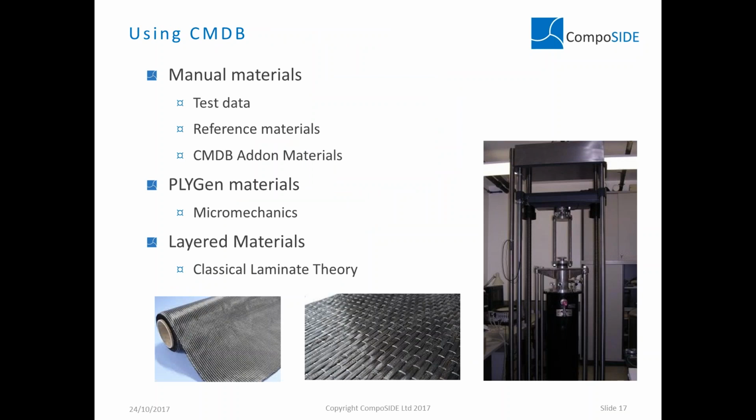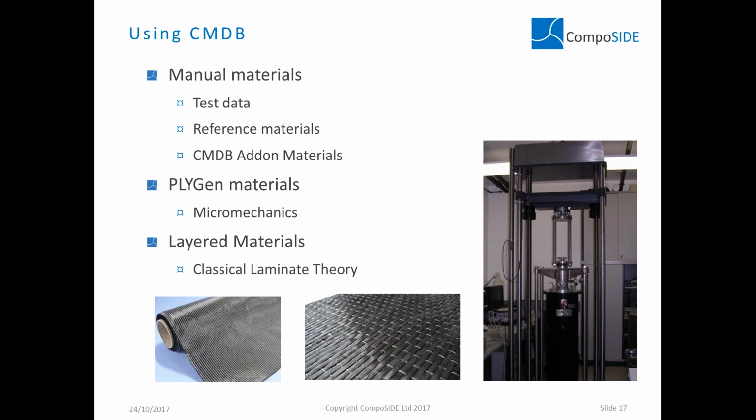So with the database itself and CompoSIDE, there are different ways we can work with it. We can input our test data ourselves, so if we already have some data, we can put this into the database. We can use reference materials to create new sets of data, or we can use the data that's already in the library. We can also then create combinations using the PlyGen tool, which we'll quickly cover in a minute.